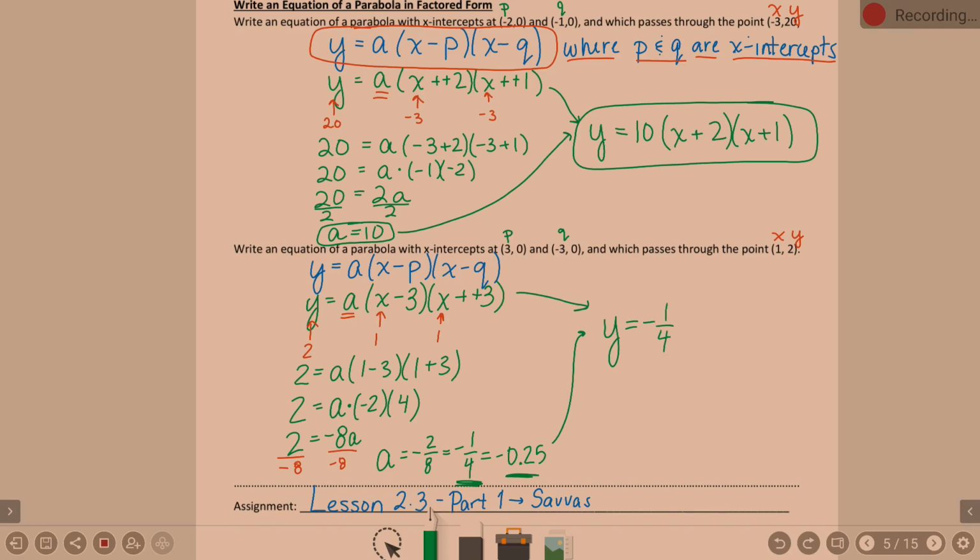I'm going to use negative 1/4, parentheses, x minus 3, and x plus 3. And this is your equation in factored form, which is what our job was here, to write the equation in factored form.